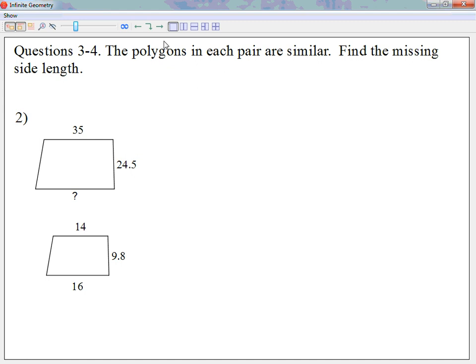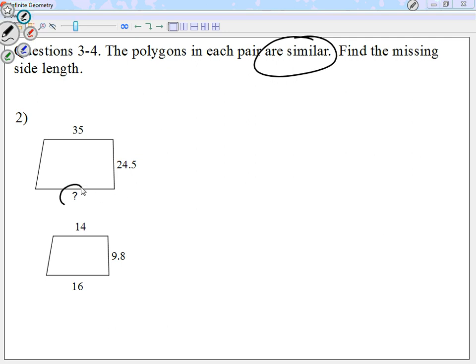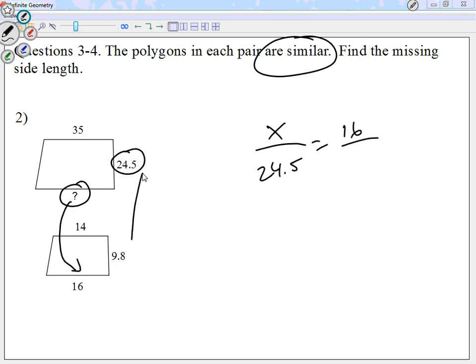Then questions 3 and 4, we have that the polygons in each pair are similar. So they're telling me that already they are similar, so the sides must be proportional. Find the missing side length. So from one of the figures, I'm going to use these 2 numbers, x and 24.5. I'm going to make a fraction out of it, x over 24.5. I notice that x on the other figure becomes 16, and 24.5 becomes 9.8.